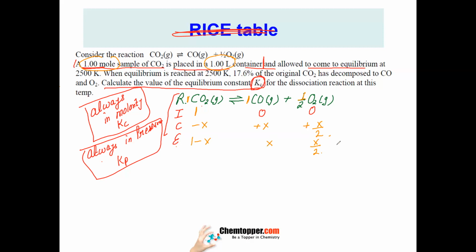Avoid this error, because 1 is going to give you half. If x amount is undergoing dissociation, then you are getting x over 2. But I don't know x. Where is x?